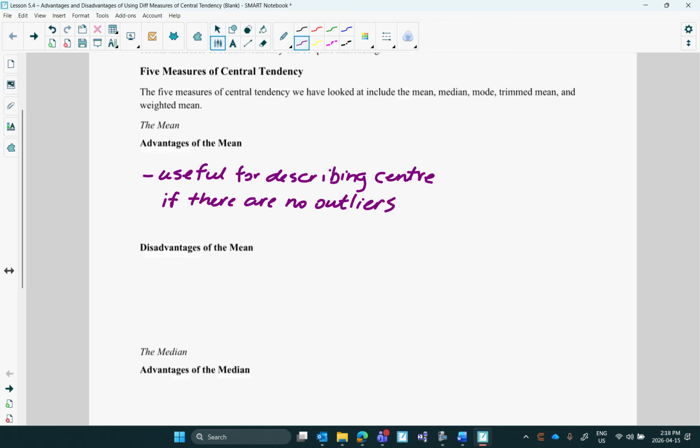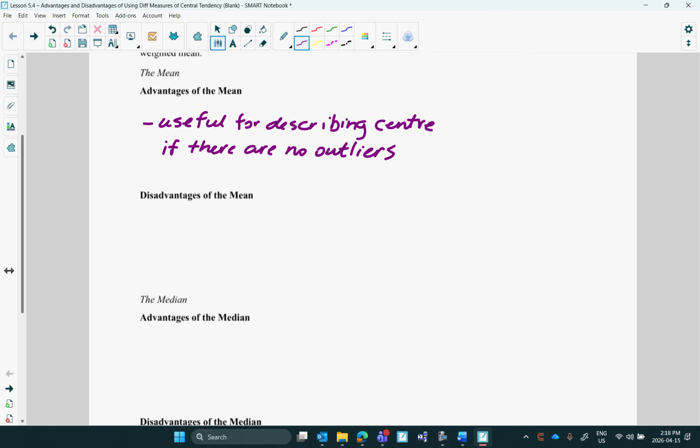And so it kind of follows that a big disadvantage of the mean would be not very useful if there are outliers.